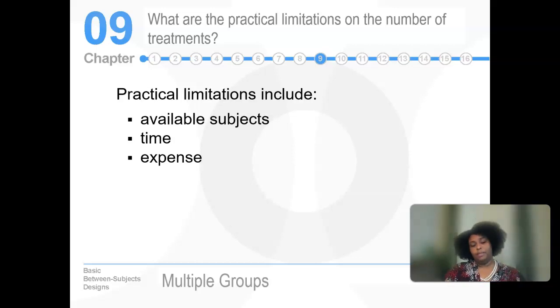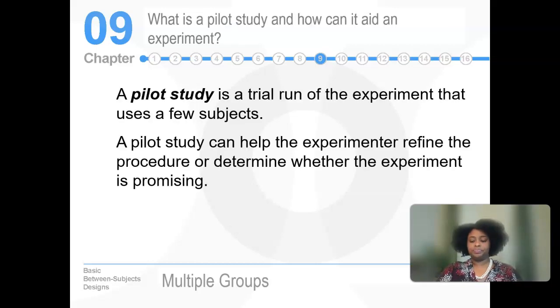Will there be enough people to participate? Will we have time to effectively engage in these treatment conditions? And how expensive will the materials be for participants to engage in those treatment conditions?